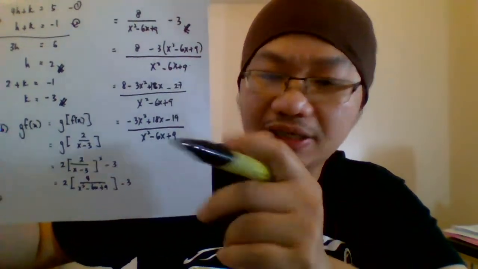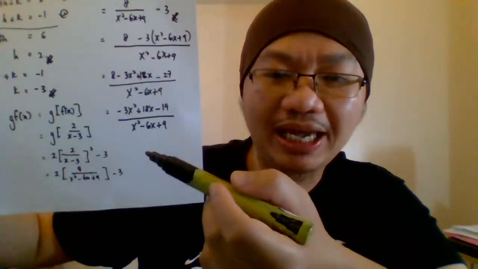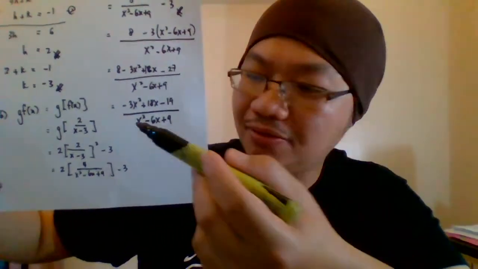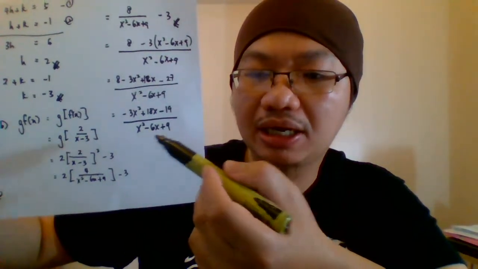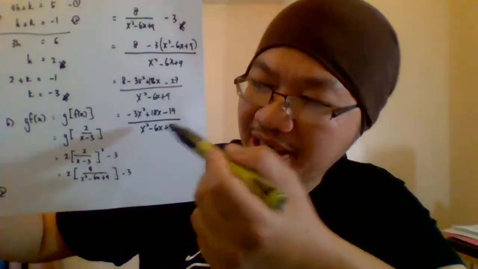But if you look at the denominator here, x squared minus 6x plus 9, actually we can make this expression even simpler, that is, we try to factorize this quadratic expression at the denominator here.